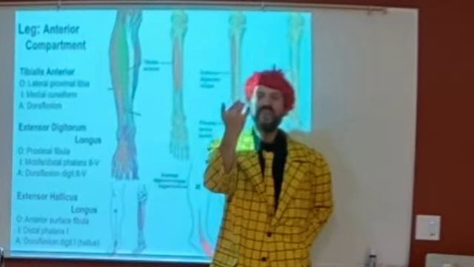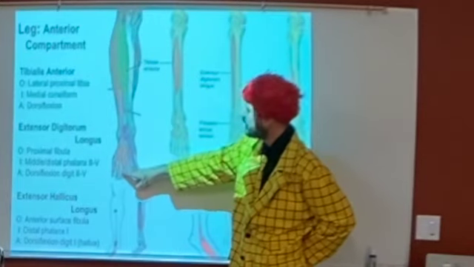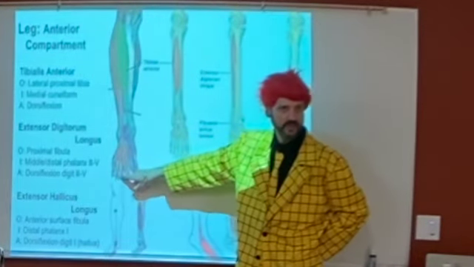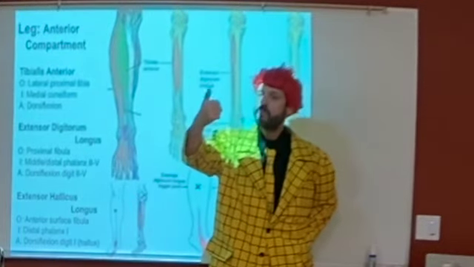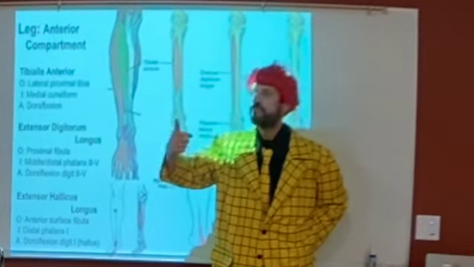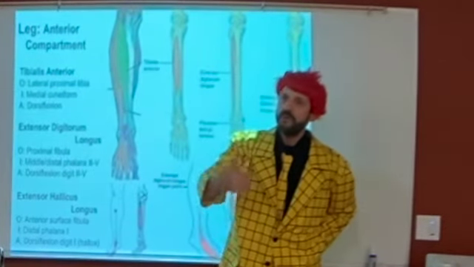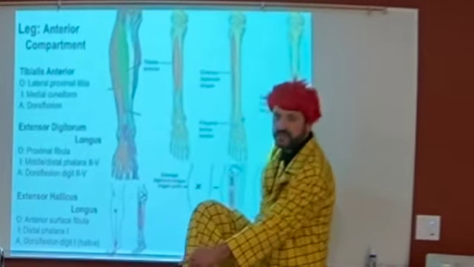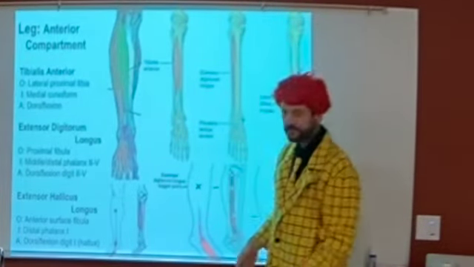Now, digits are things, these are digits, right? So the digitorum one is clear, goes to the toes. Hallux means big toe. Pollex means thumb. So we have some muscle called pollicis, those are in the thumb. And hallux means toe. So if you see the word hallux, you're thinking big toe.